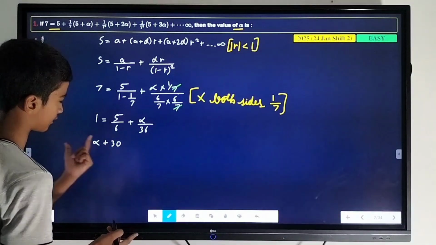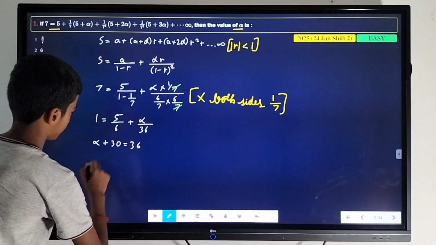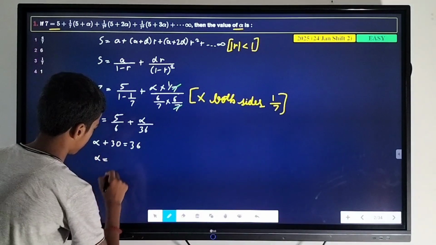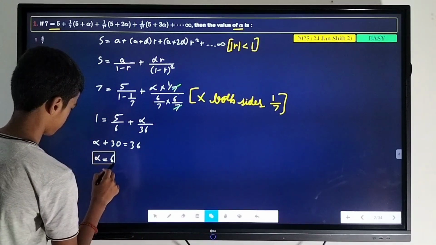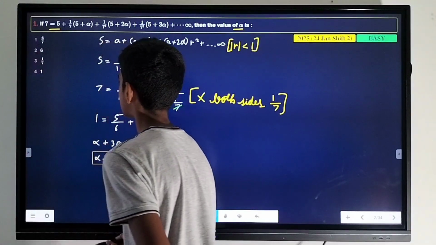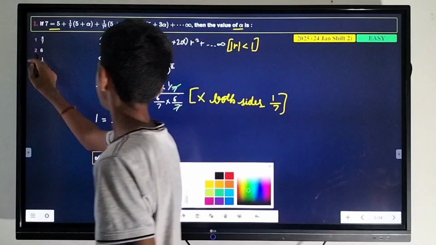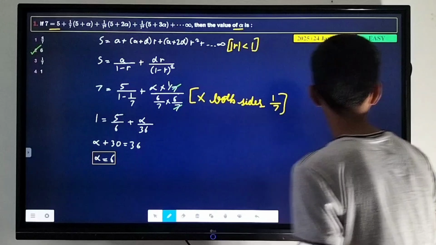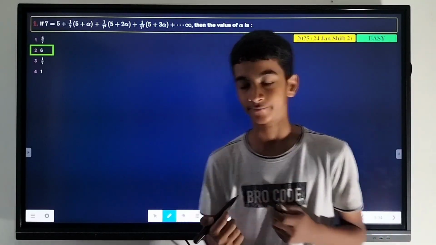So we can write it alpha plus 30 is equal to 36. So from here our alpha is equal to 6. So we can see that our answer is option 2. And here we can see that our answer matches correctly.